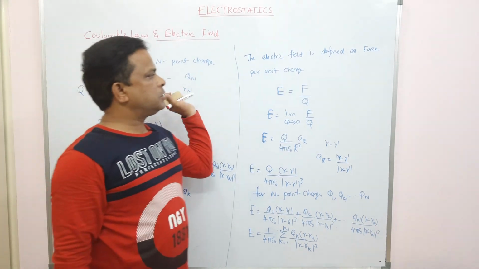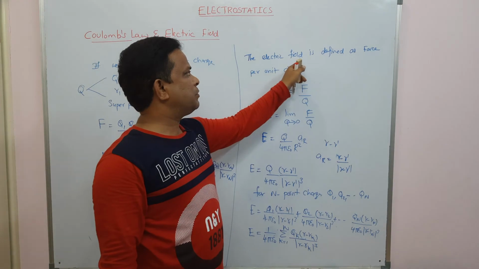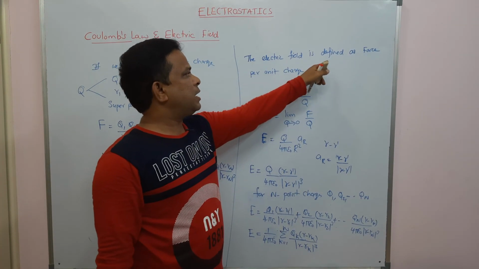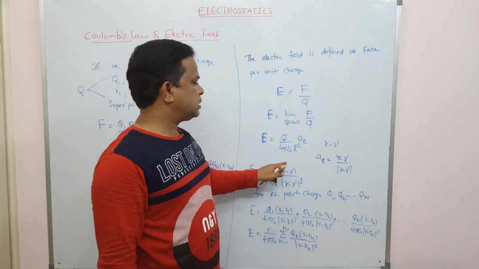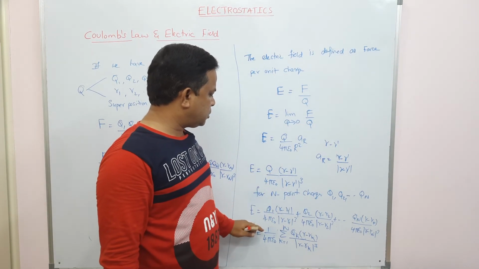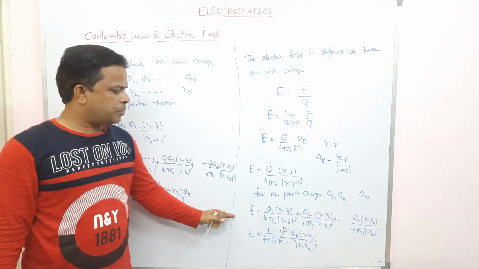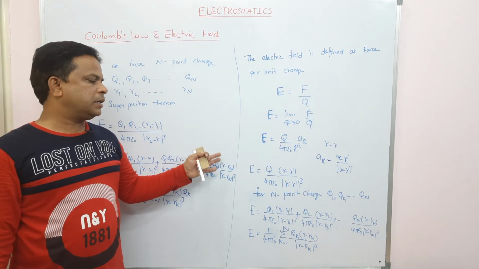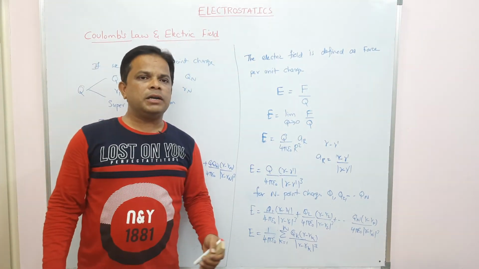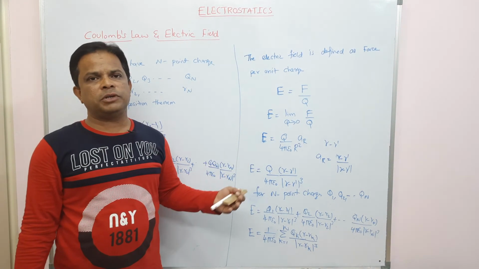Similarly, using the force equation and the basic definition of electric field as force per unit charge, the equation reduces like this. I think the concept might be clear here. We'll move on to the next concept in the upcoming video lectures.